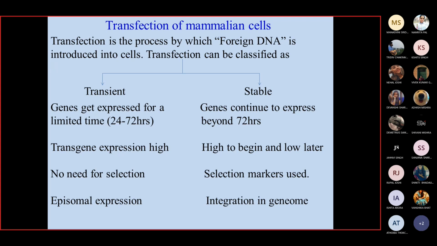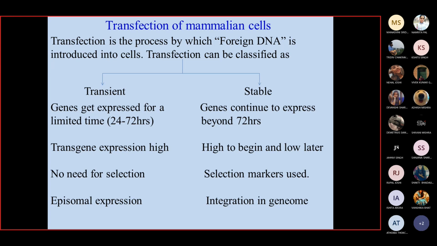But for historical reasons, this is called transfection when it comes to mammalian cells. When it comes to bacterial cells, people call it transformation. Okay. Now, transfection itself can be classified into two major categories.